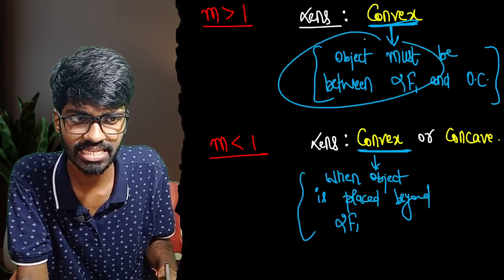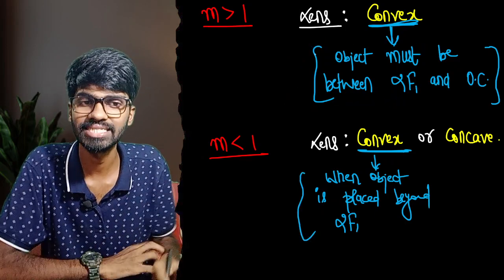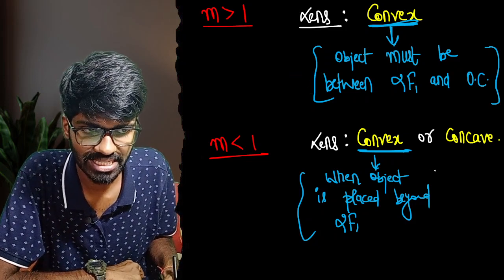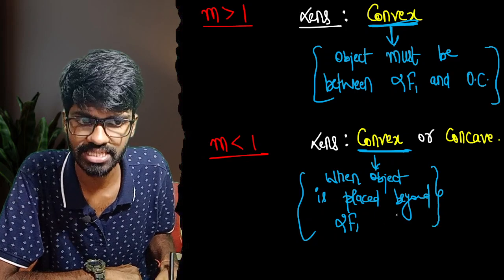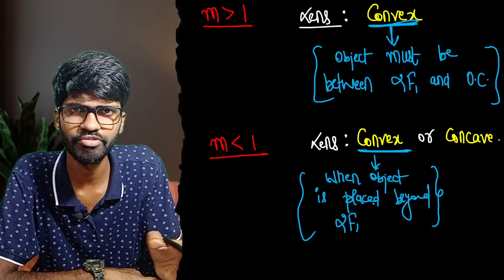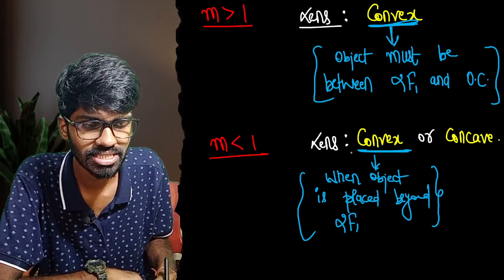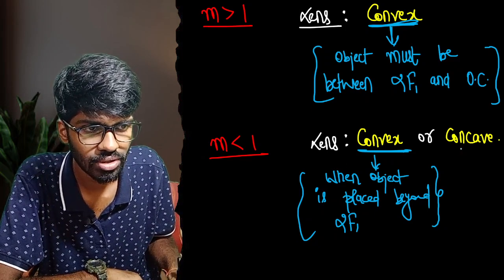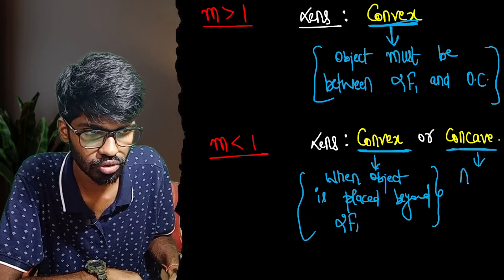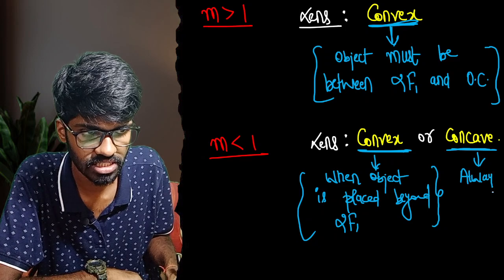All the cases in a convex lens apart from those discussed fall in this category, with the object between 2F1 and infinity. And for a concave lens, magnification will always be less than 1 in all situations.